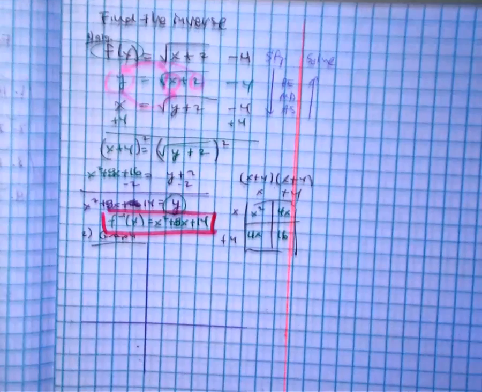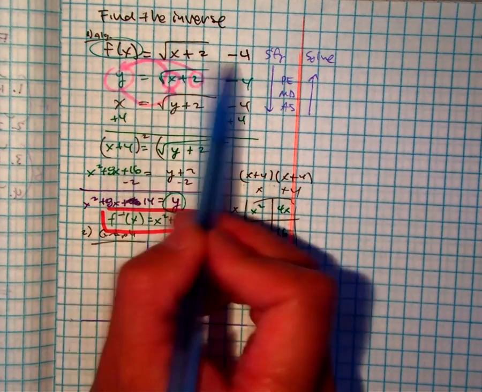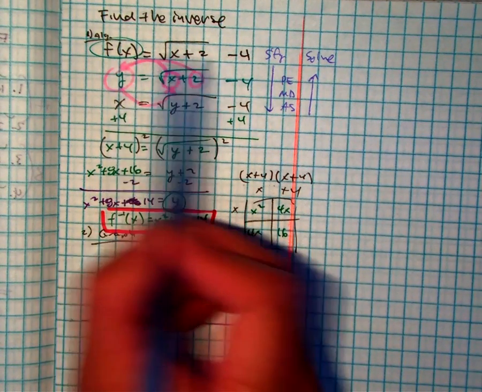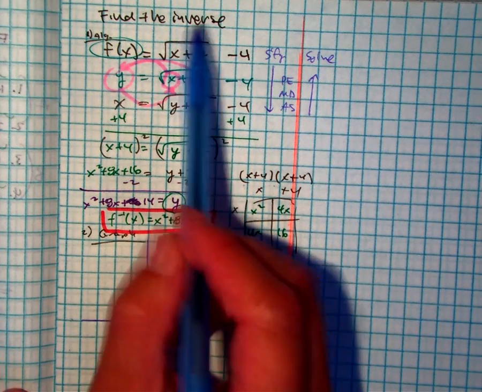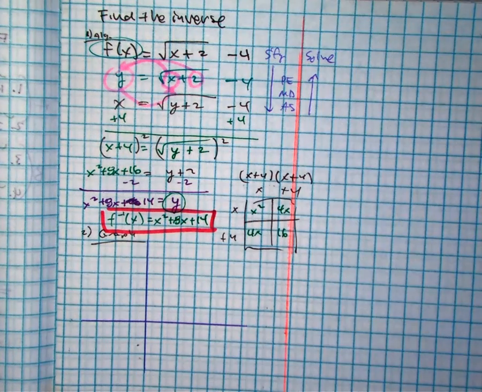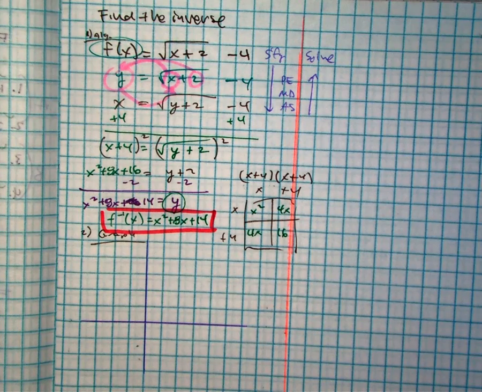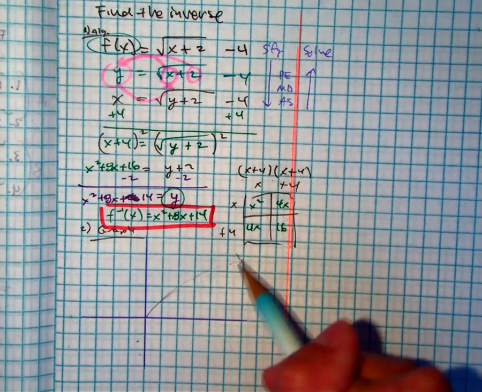Alright, if you graph this, I kind of wanted to know what's the parent function here. So, okay, what's the parent function of this graph? It's a square root, because we see a square root. And the parent graph of a square root is going to look like, find my pencil, something that's going to look like that, right?